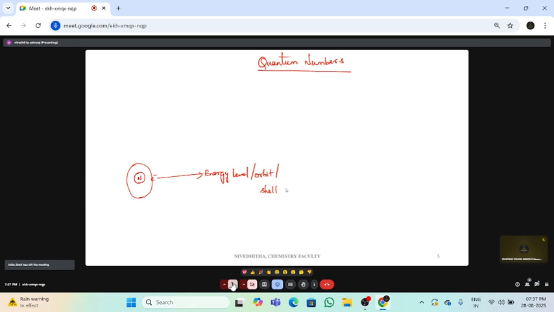In an atom, how many energy levels are there?